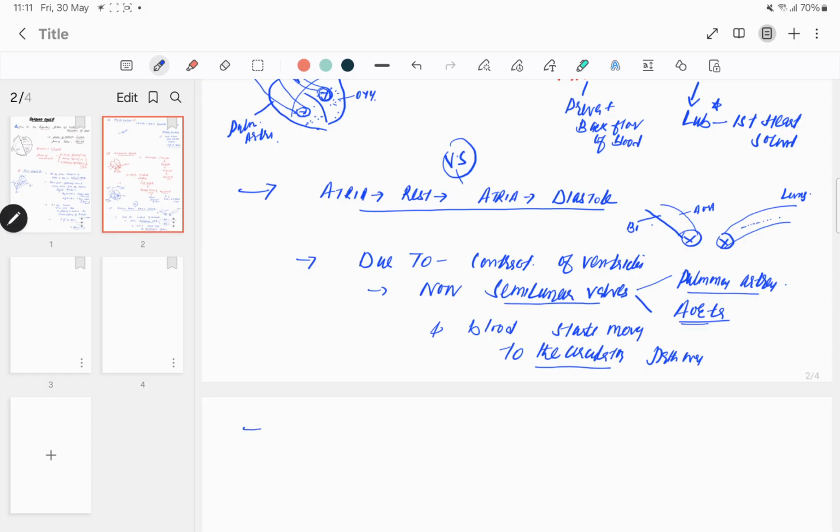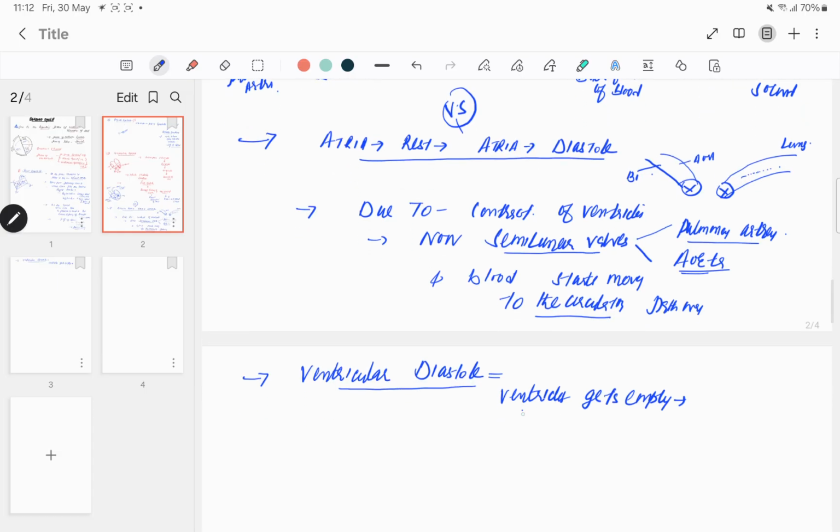Now we can say here another phase, that is ventricular diastole. When the ventricles have contracted, up to 0.3 seconds they will relax. Now what happens? The ventricles get empty as blood starts leaving them, and ventricular pressure goes down.